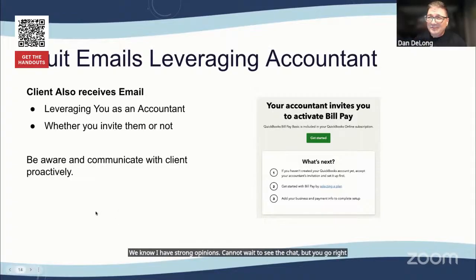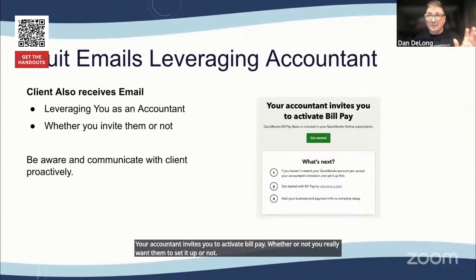Right. So what happens is the email or the primary admin will get an email which says your accountant invites you to activate bill pay. Whether or not you really want them to set it up or not, that's another story.